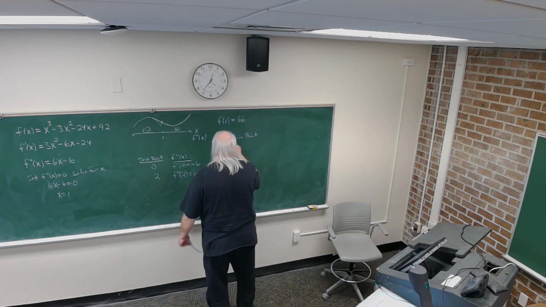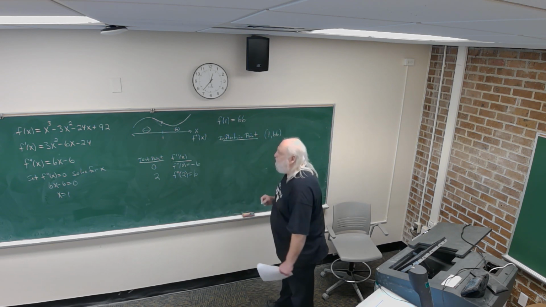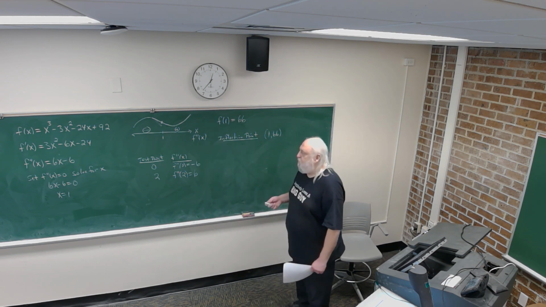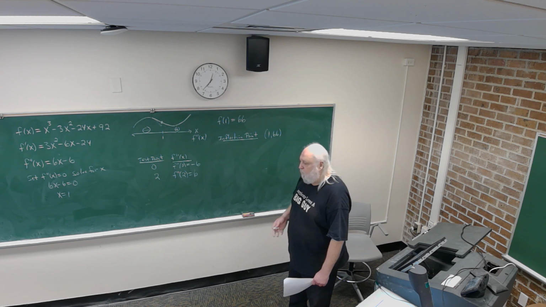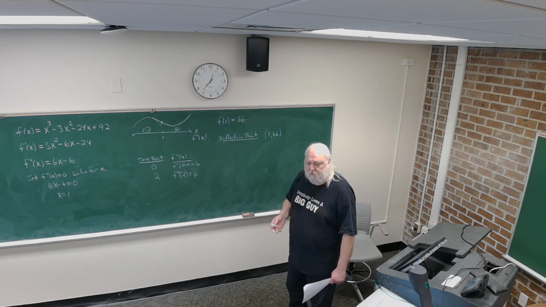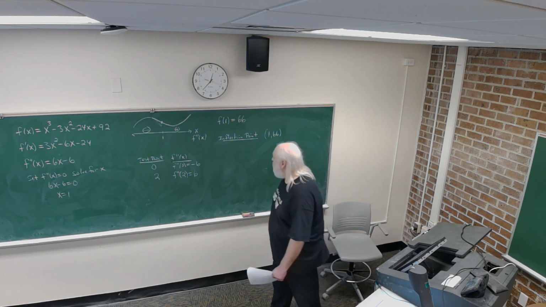So the inflection point is at (1, 66). Now sometimes we don't necessarily want to know the point. We just might want to know that there's an inflection point at x equals 1. So sometimes you'll do problems where they just want to know at what value of x the inflection point is.